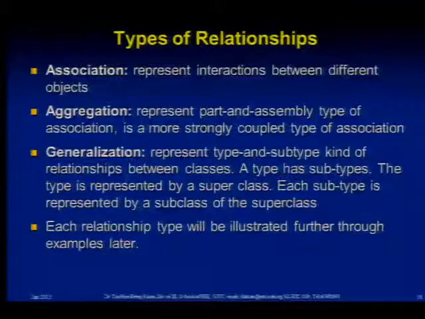Then the last type of relationship is generalization. Generalization is totally different from association and aggregation. Generalization is a way for us to specify classification of things. Things like in companies, you may want to classify employees into various types: managerial staff, executive staff, and operational staff.